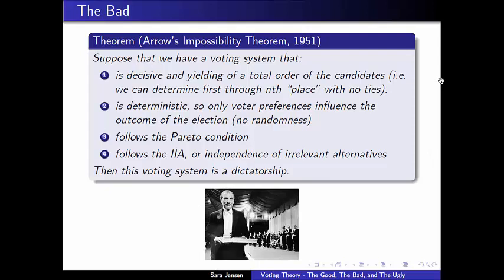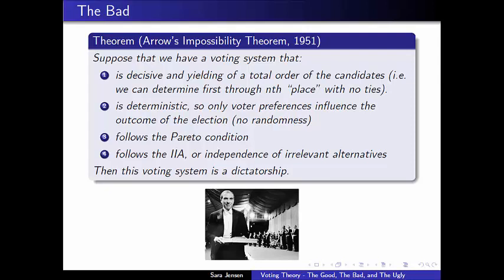And Arrow's Impossibility Theorem states, suppose we have a voting system. We're no longer making the assumption that we have a two-candidate or a two-party election here. If we have a voting system that is decisive, meaning it's going to totally order our candidates from first through last, and we're not going to have any ties.